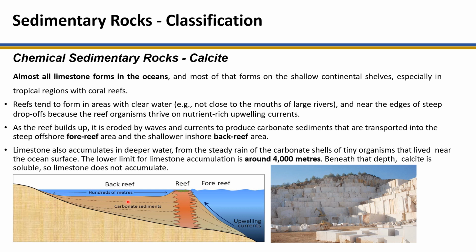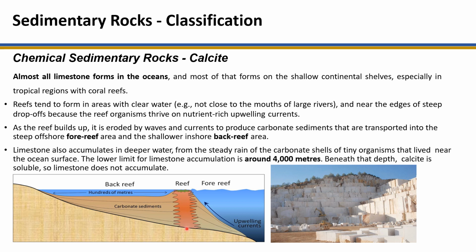The fore reef area is the area of reef that is closest to the open ocean. So it's typically characterized by steep slopes and strong current. And the back reef is the area of the reef that is furthest from the open ocean. So it's typically characterized by shallower water and calmer current.